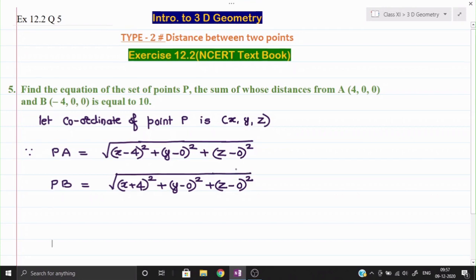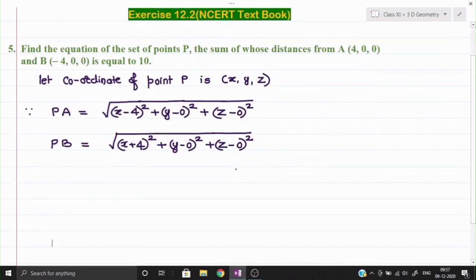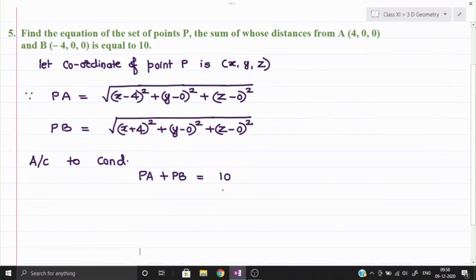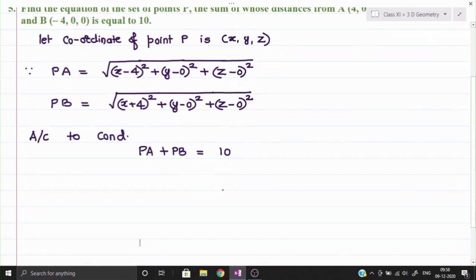Now we shall talk about the given condition. The length of PA and the length of PB, if I add, the addition of both of them is equal to 10. That is our condition, as I have told you earlier. So PA plus PB is equal to 10. In this condition we have to put the known values and simplify this equation into the simplest form.